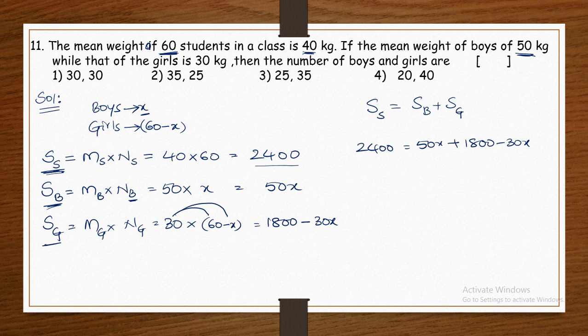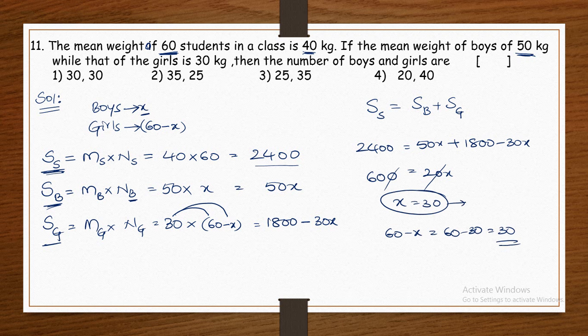So 50x minus 30x is 20x. This 1800 if I transpose, it becomes 600. So 0 gets cancelled, and x is equal to 30. If x is 30, then automatically 60 minus x is 60 minus 30, which is equal to 30. This means the number of boys is 30 as well as the number of girls is also 30. That means both are equal, right?